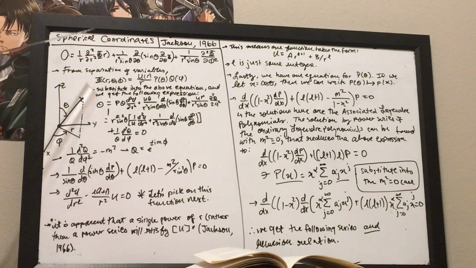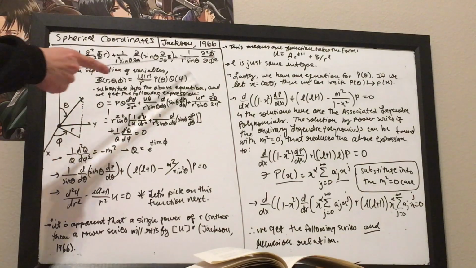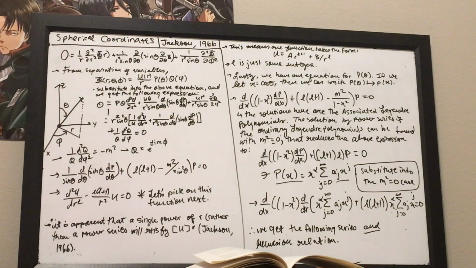Instead of just having our partial of our phi function plus another partial of our phi function plus another partial of our phi function, we instead get this mangled wreck of an application of the Laplacian in spherical coordinates. Usually you can look this up in the back of your textbook.